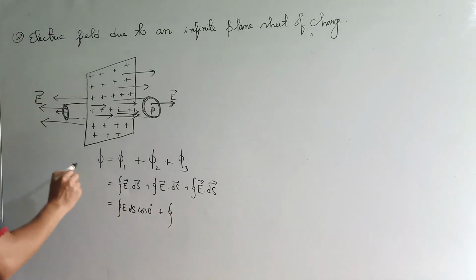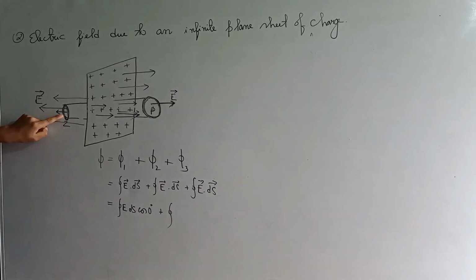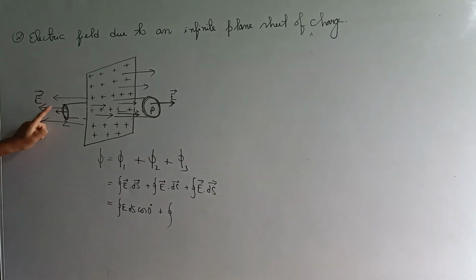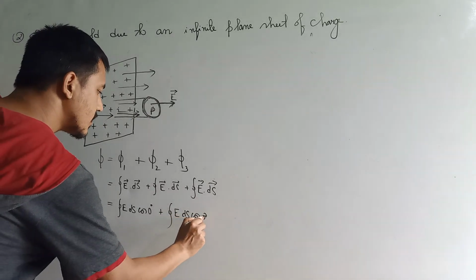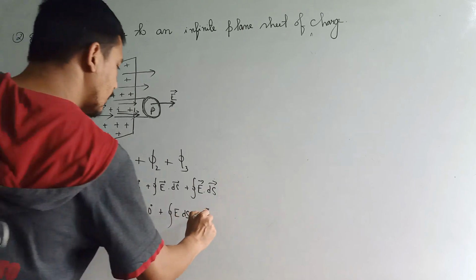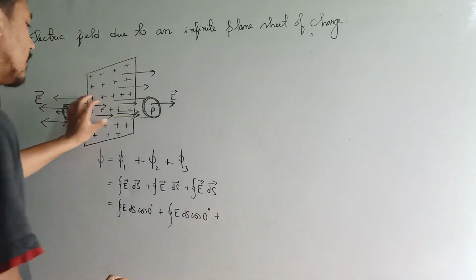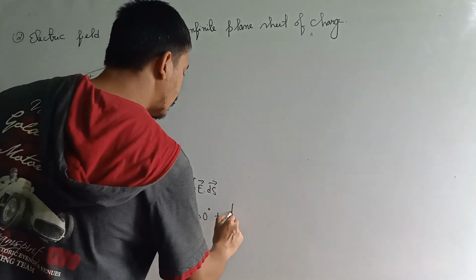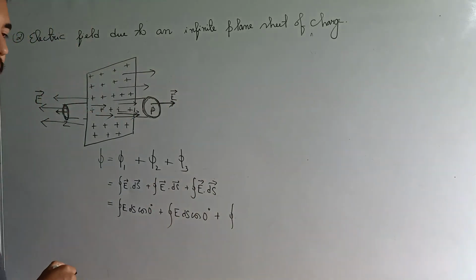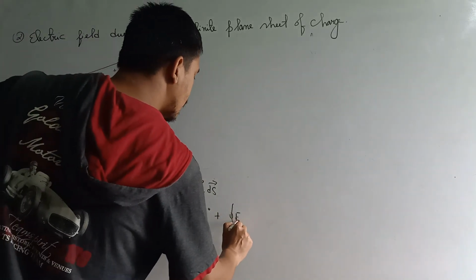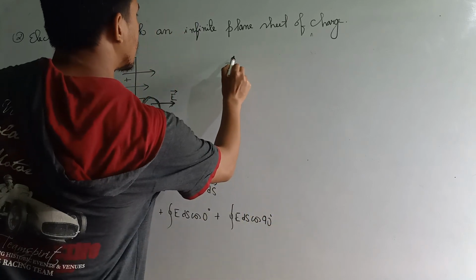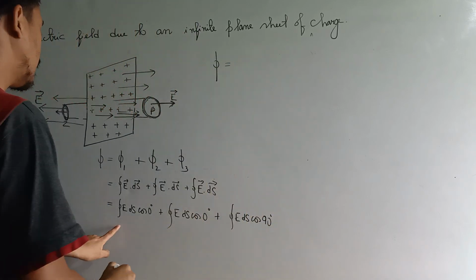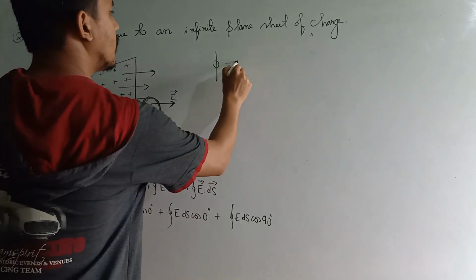And for this area too, the electric field and the area vector are in the same direction, so it will be E ds cos 0 degree, plus for this curved surface area, the electric field and the area vector are perpendicular to each other, so E ds cos 90 degree.